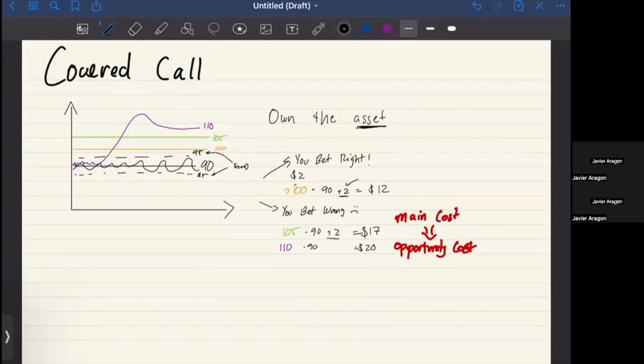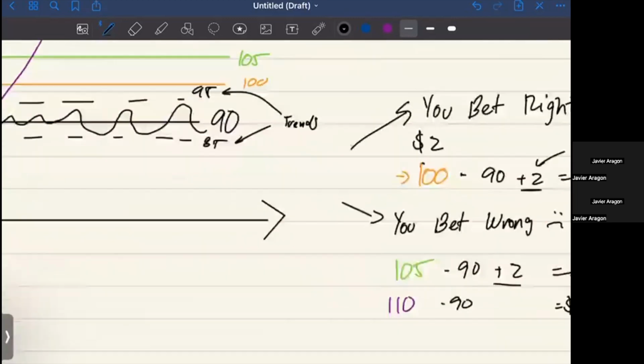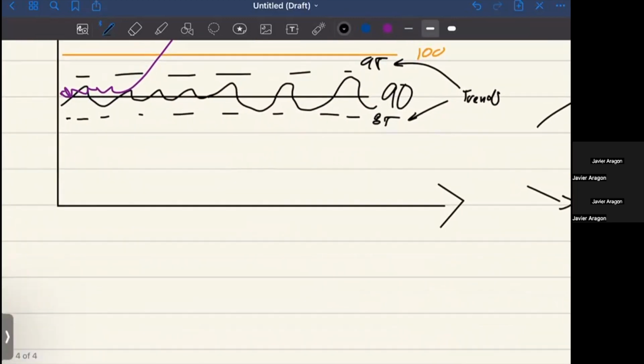The main cost in a covered call is your opportunity cost, but covered calls are mostly used in something called a buy-write.